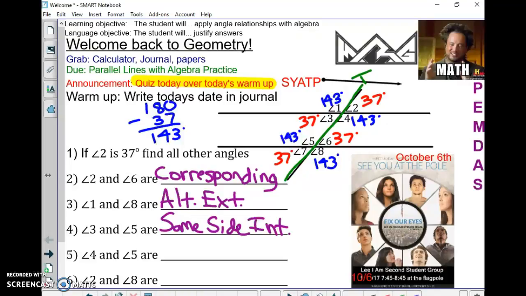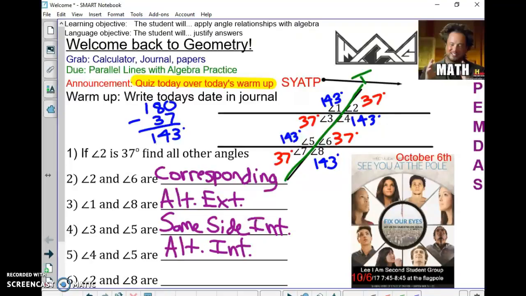Now 4 and 5, are they inside or outside the parallels? They're between the parallels, that's interior. And are they alternate or same side? 5 is on the left, 4 is on the right. They're alternate, and interior. Alternate interior. Very good.